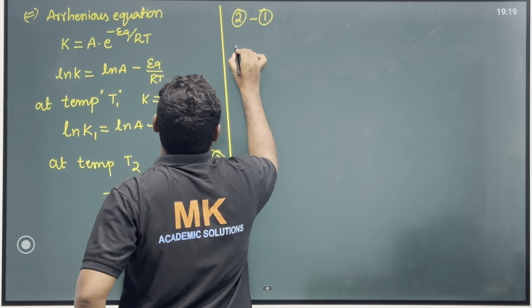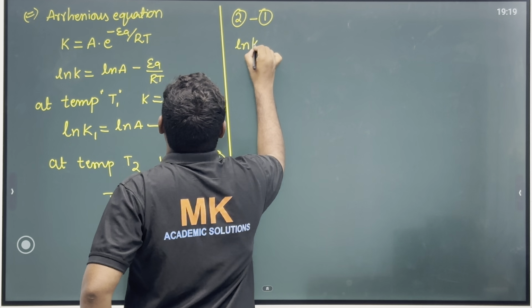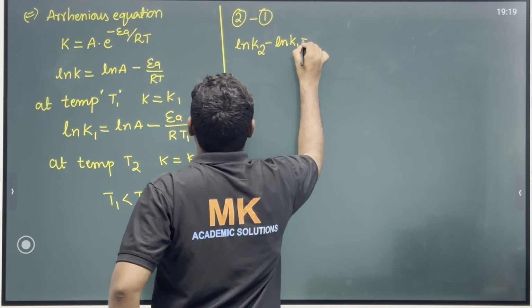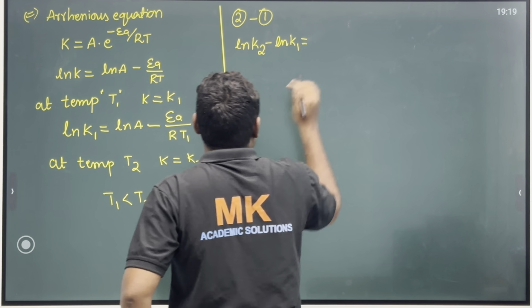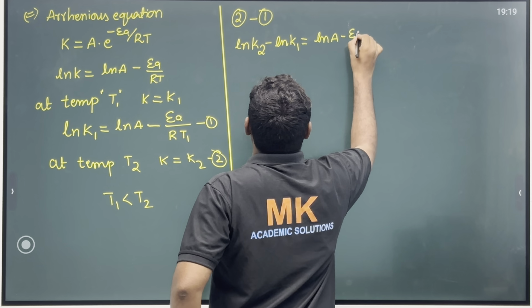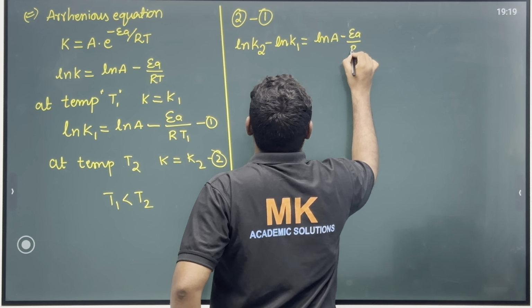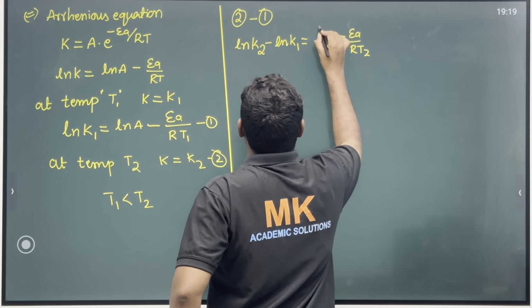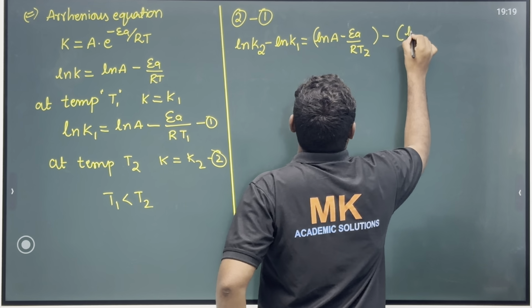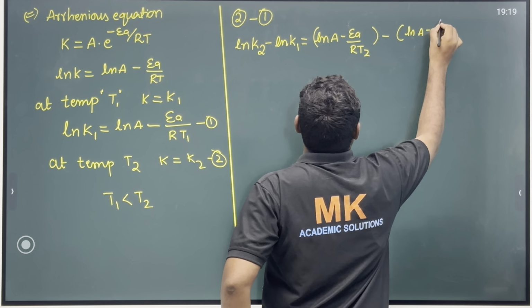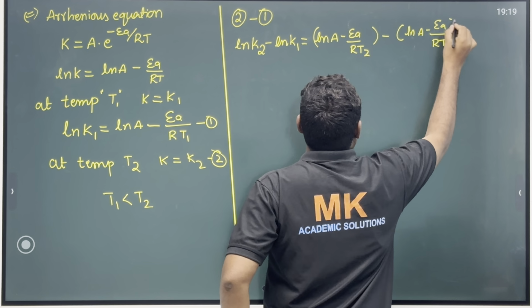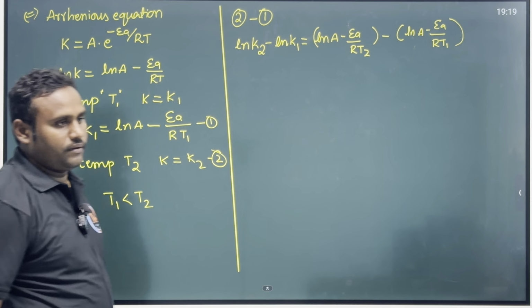So what we will get here is ln K2 minus ln K1 is equal to ln A minus EA by R T2, minus ln A minus EA by R T1.